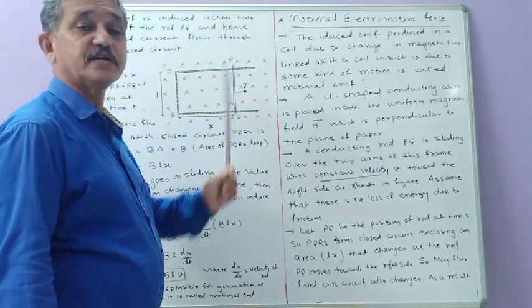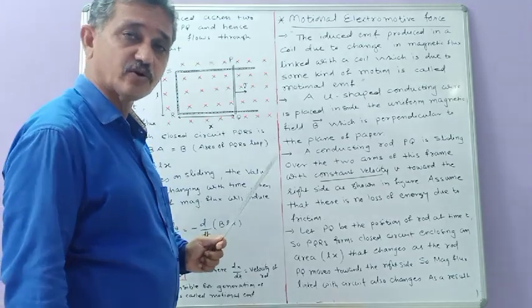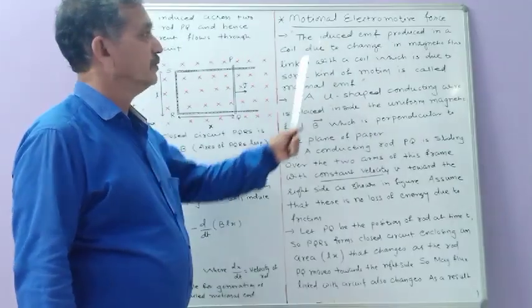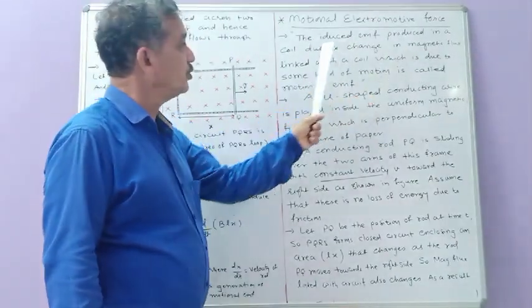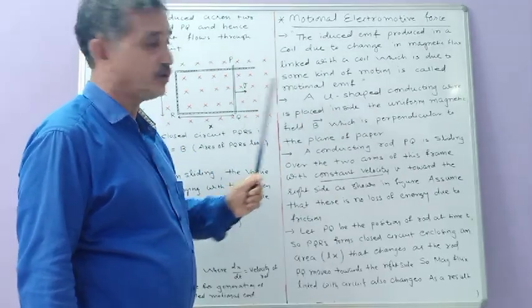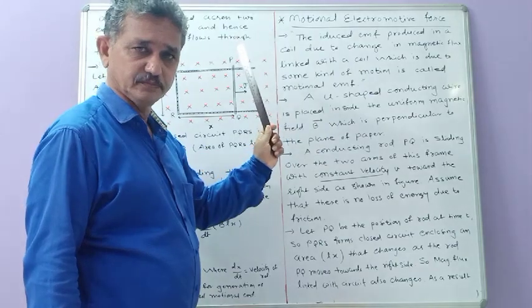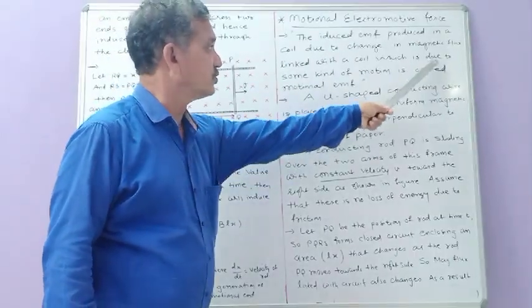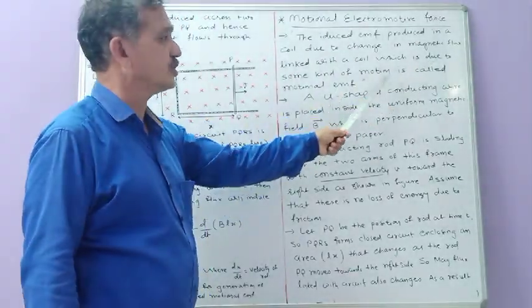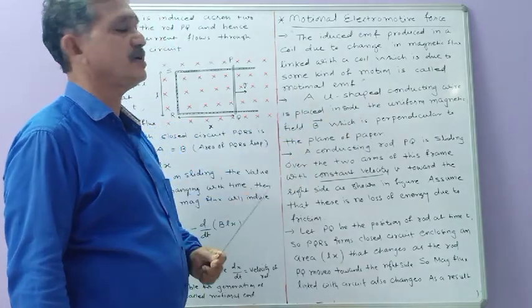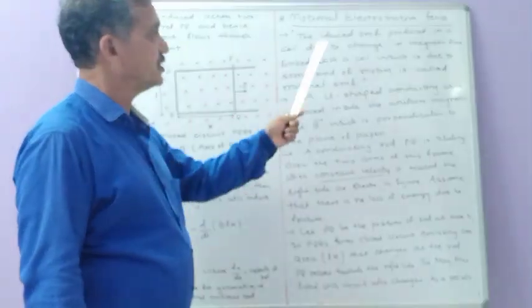So first of all, what is the definition of motional electromotive force? The induced EMF produced in a coil due to change in magnetic flux linked with the coil, which is all due to some kind of motion, is called the motional EMF. So what is the definition?